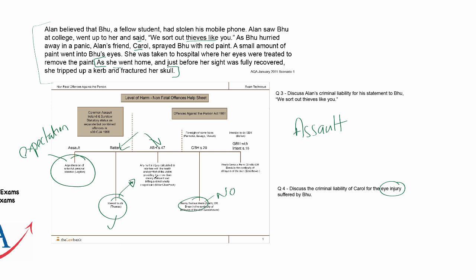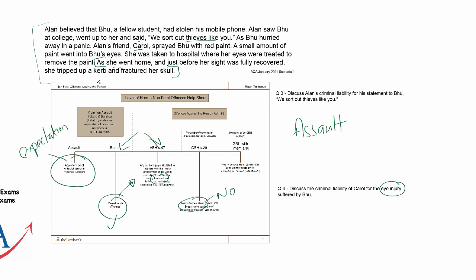But that harm has to be more than merely transient and trifling, and not wholly insignificant. Well, there's a key word here that helps us, and this is this idea of transient. Transient means something that is short-lived, something that is passing through. Now, certainly, you could say that the paint in the eye is going to interfere with the health and comfort of the victim, Boo.